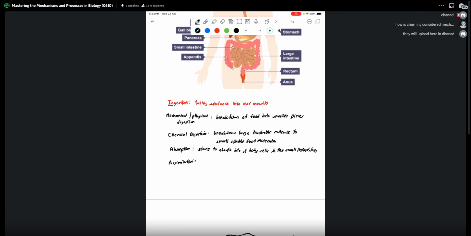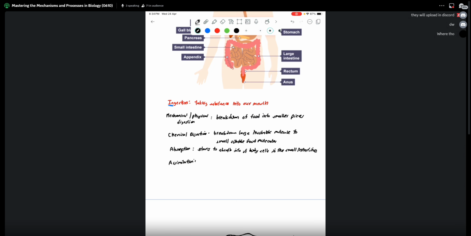Assimilation is, after everything has come into our body, the body will start to use all of the nutrients that have been absorbed to make something for our body. For example, muscles. The more protein we eat, the more amino acids get absorbed into our body, and assimilation will occur.